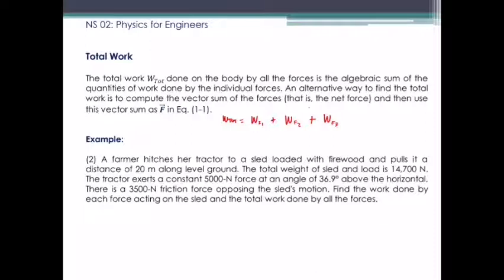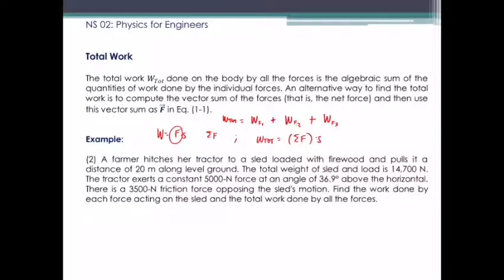So you will get the net force, or the sum of all the forces, and then use this vector sum as the F in the equation for work. So the F that we will use is the summation of all the forces acting on the body, so that the total work is the summation of the forces times the displacement S.